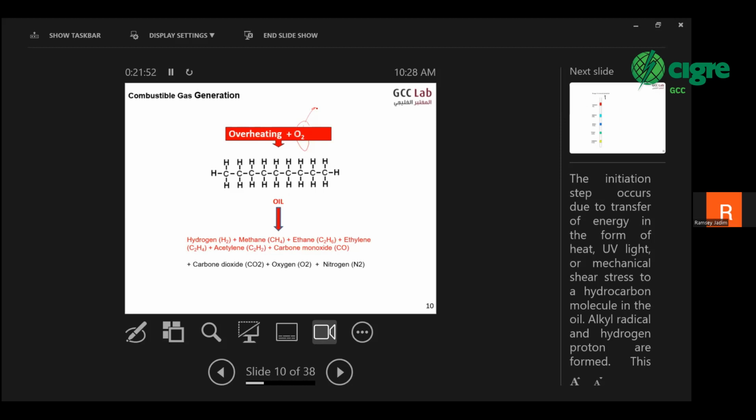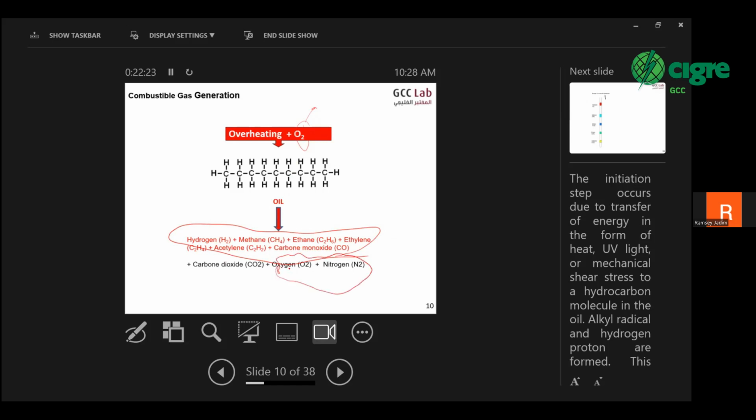In this situation, the gases generated are hydrogen, methane, ethane, ethylene, acetylene, and carbon monoxide. All these gases are called combustible gases. And of course, there are also carbon dioxide, oxygen, and nitrogen. Oxygen and nitrogen are very important.